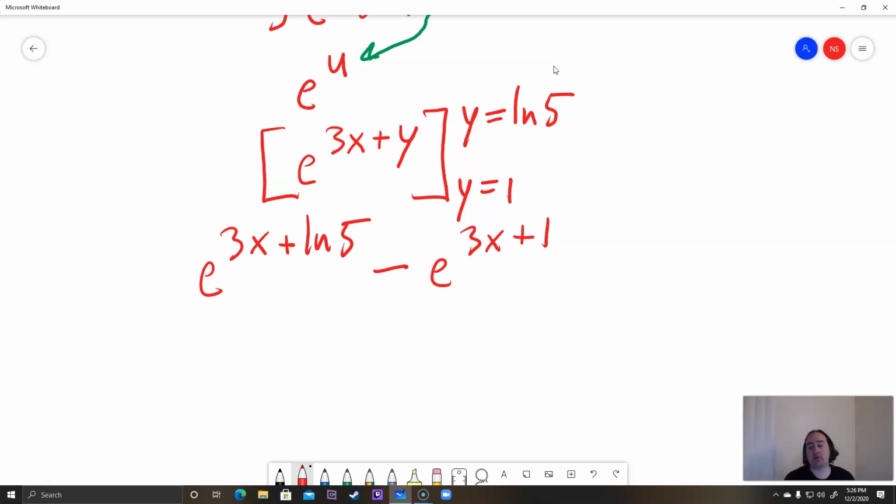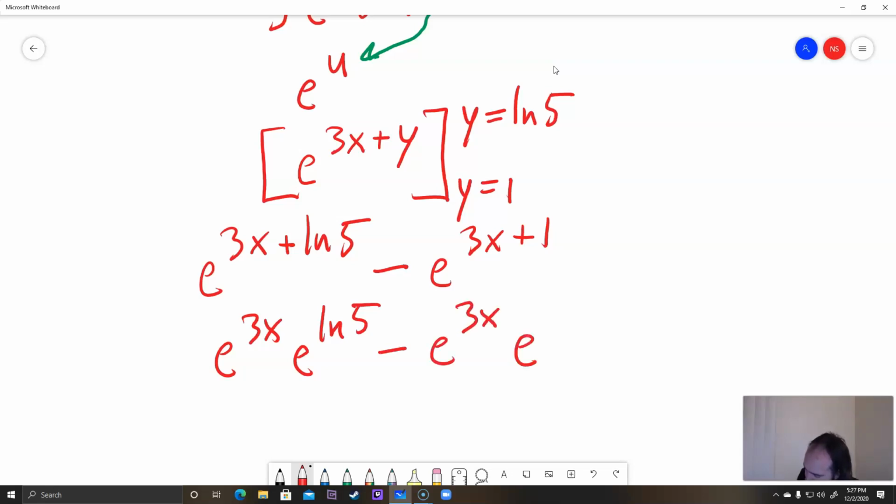And then there's a little trick that we can use here to simplify this. I don't know if you remember this, but if you're adding inside of an exponent, that's the same as multiplying on the outside. So I can rewrite this as e to the 3x times e to the ln of 5 minus e to the 3x times e to the 1.